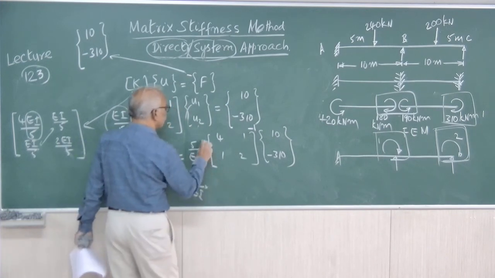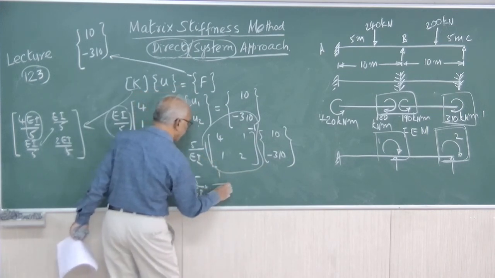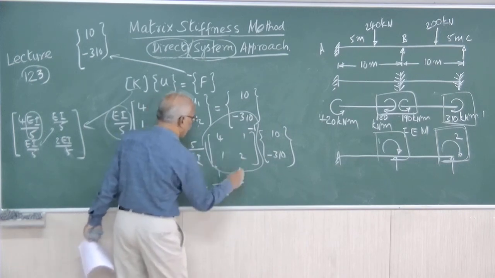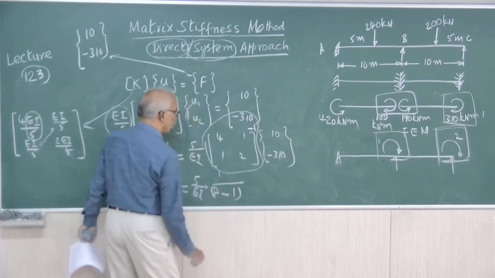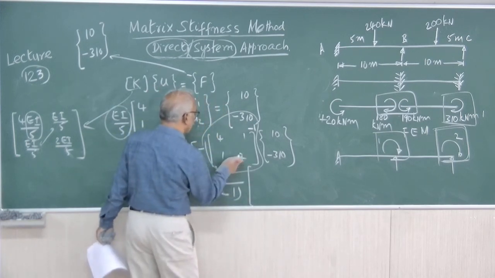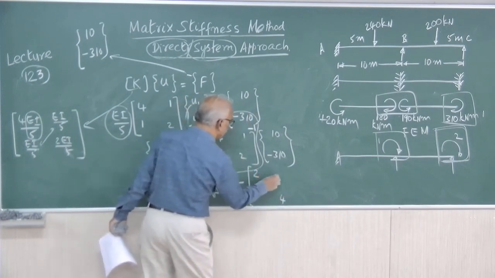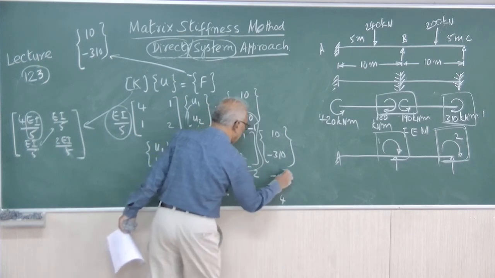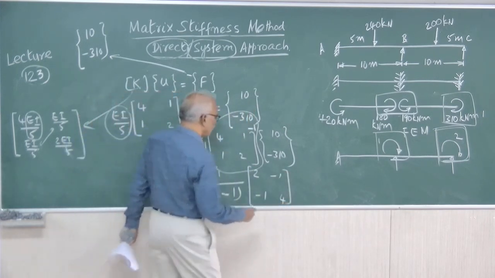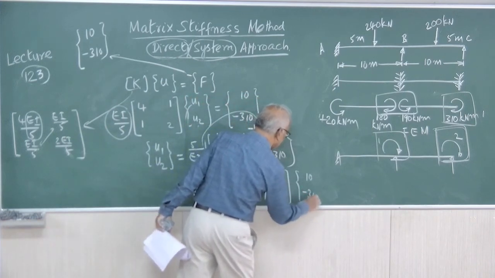The inverse of this will be 1 by determinant, into the adjoint of the matrix. The determinant is 4 into 2, 8, minus 1 into 1, 1. The adjoint: 2 will go here and this will become 4, and this is minus 1, minus 1. This is the adjoint. 1 by determinant into adjoint of the matrix, into 10 and minus 310.